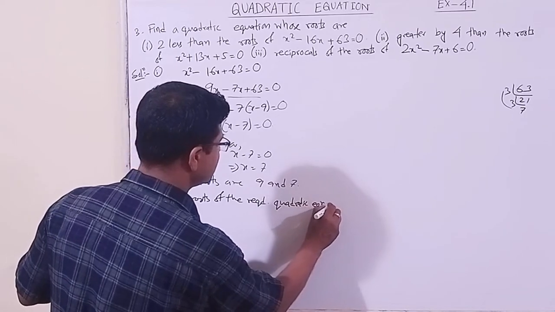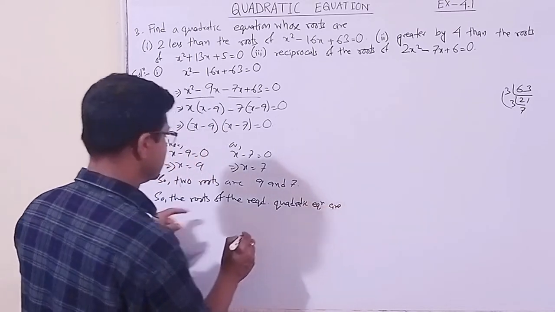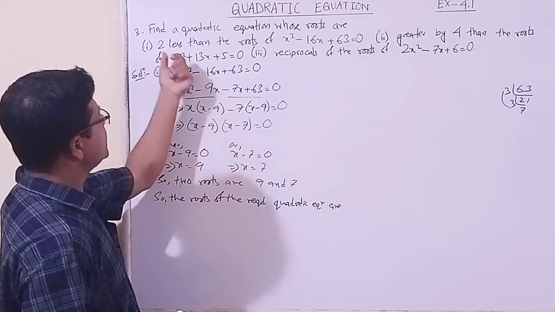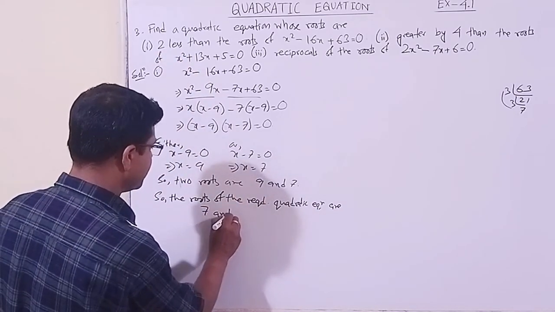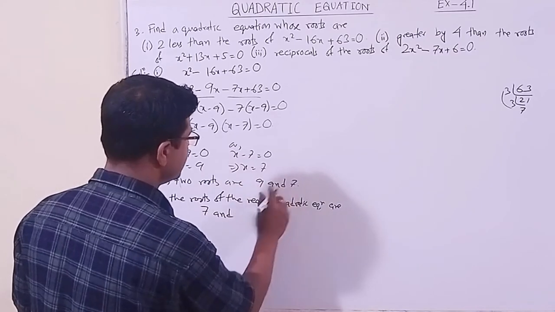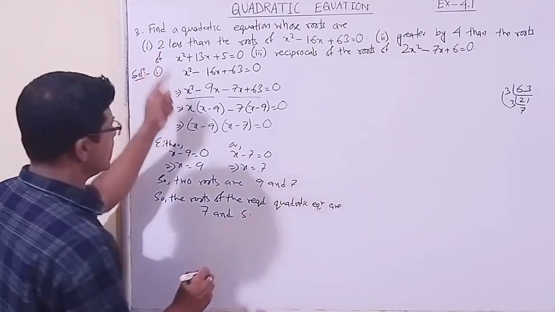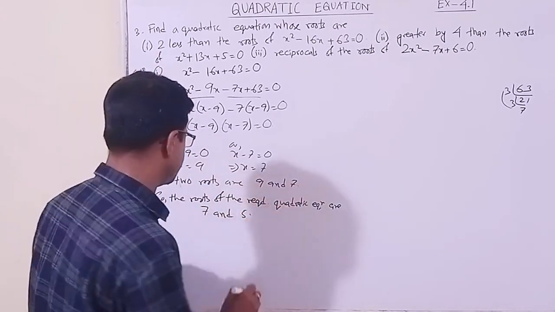Each root will be less by 2, so that is 9 minus 2, 7, and here it will be 7 minus 2, 5. Each root is 2 less, that means 9 minus 2 and 7 minus 2.